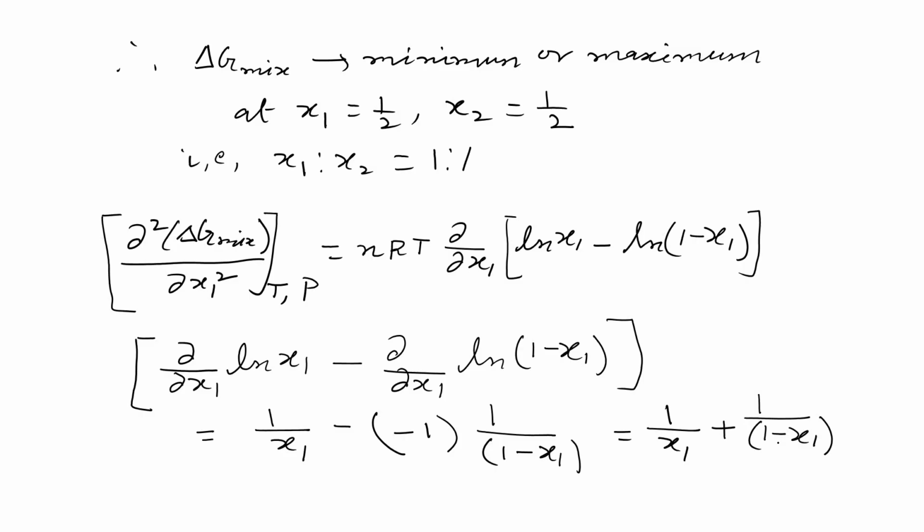Anyhow, nRT is the constant term, so on the next page I'm writing this term only: 1 by x1 plus 1 by (1 − x1).